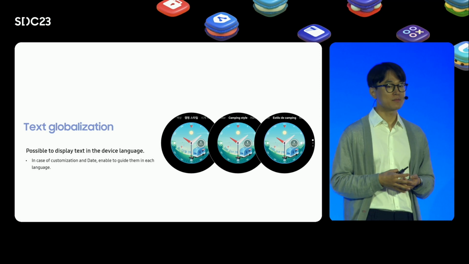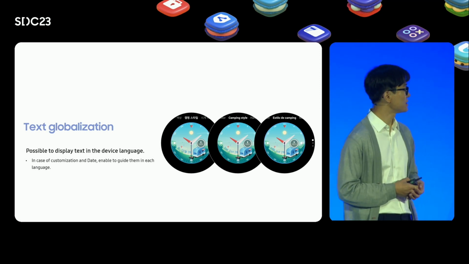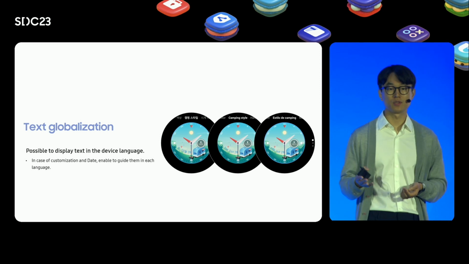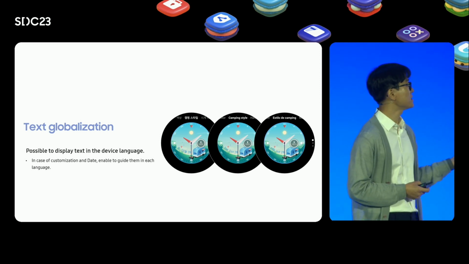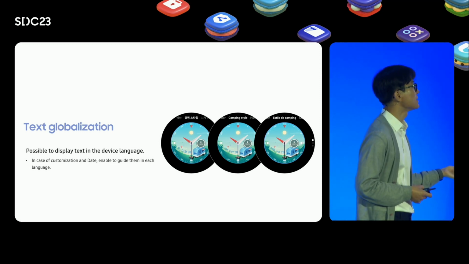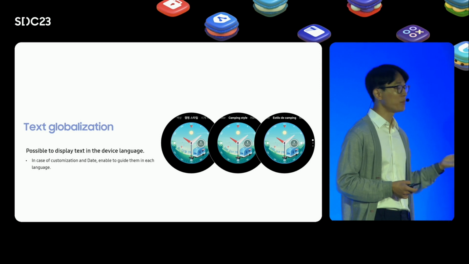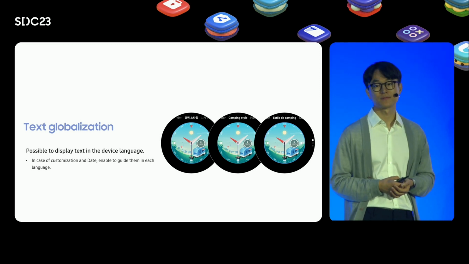In addition, Watchface Studio shows the date expression in multiple languages based on your setting of the device. As you can see here, the day of week and date have different words and format based on the language setting.